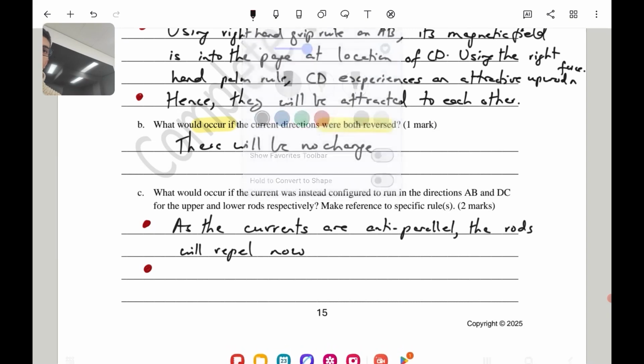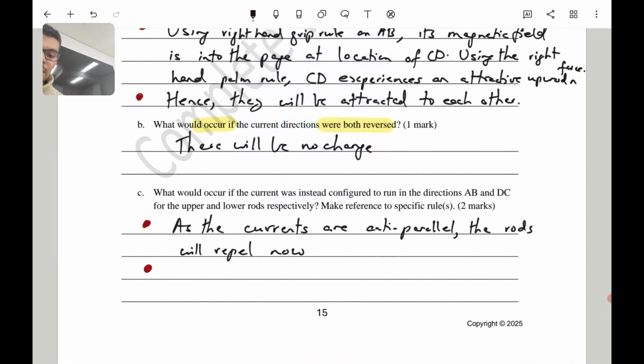Okay. Next stop point, we must now mention why this happens. This is shown by the right-hand grip rule.